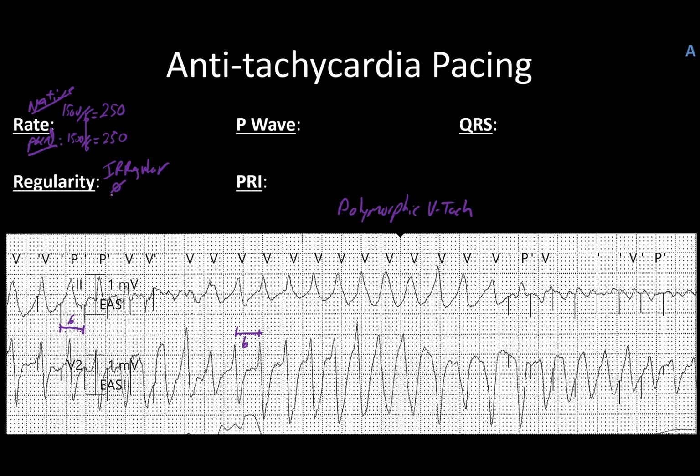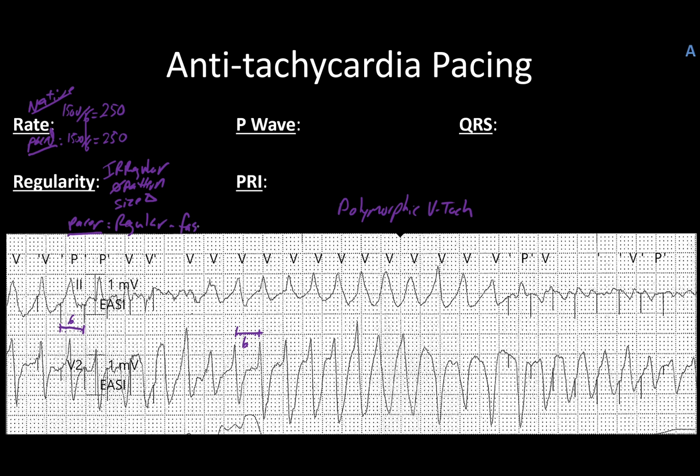We don't have a pattern. And we do have size change, which is what I mentioned when we assumed that it's polymorphic VTach. This just helps confirm and support that. I will say for the pacer, it is regular. For all those pacemaker spikes that you can see, they're all at least 6 small boxes apart, so they keep that rate of 250.